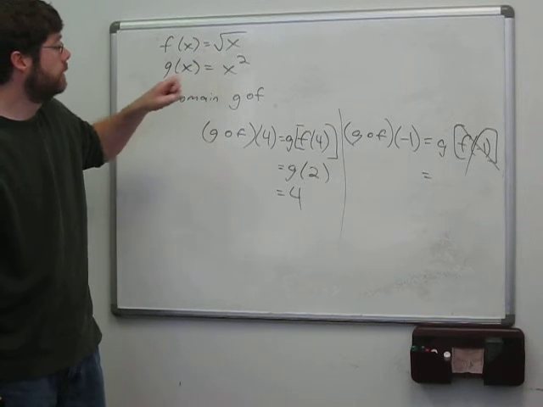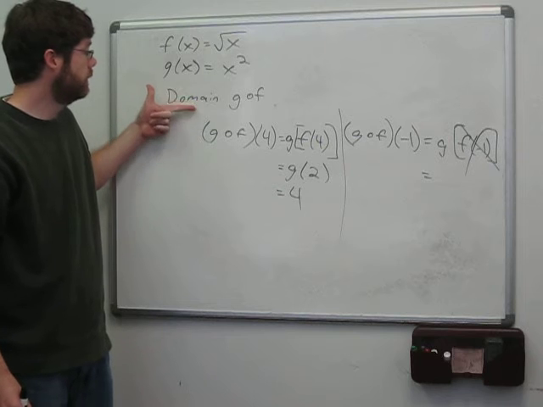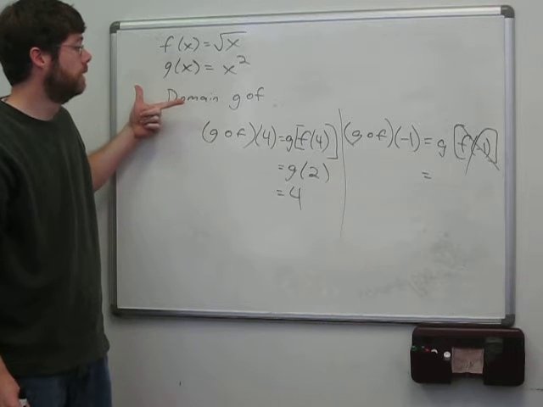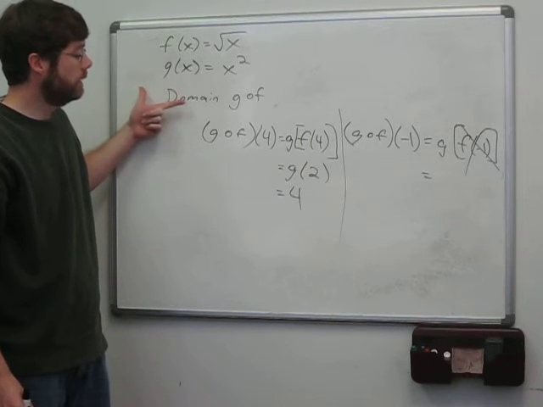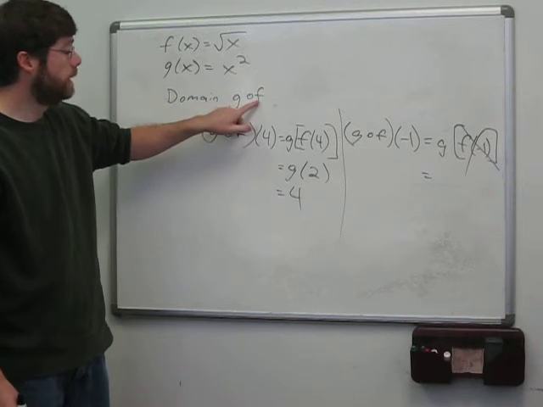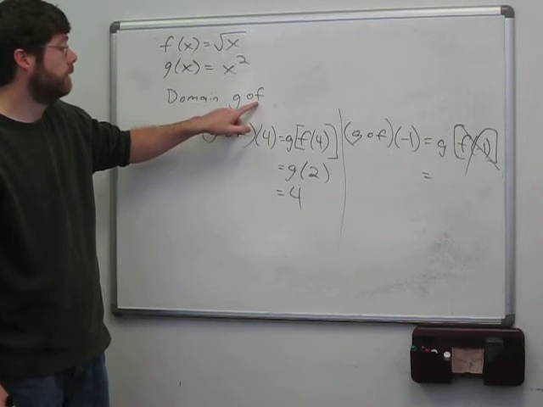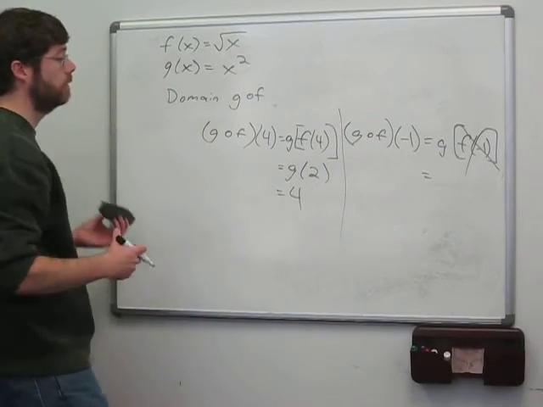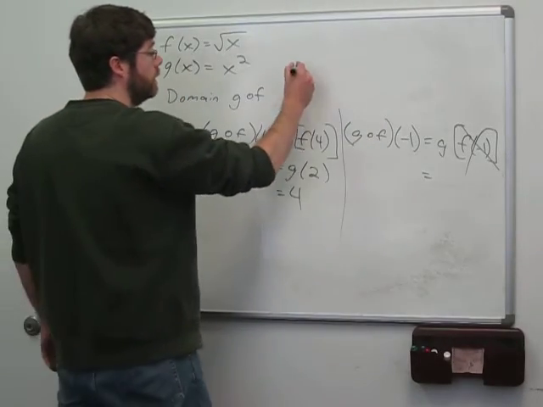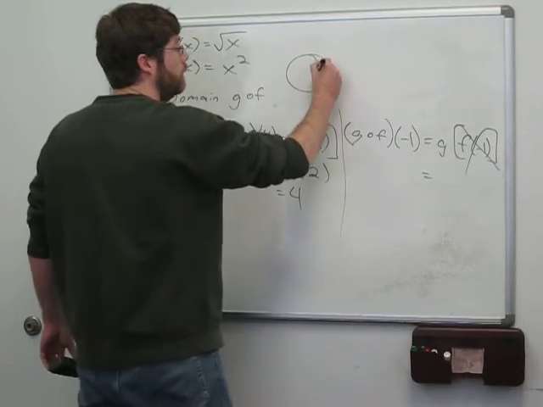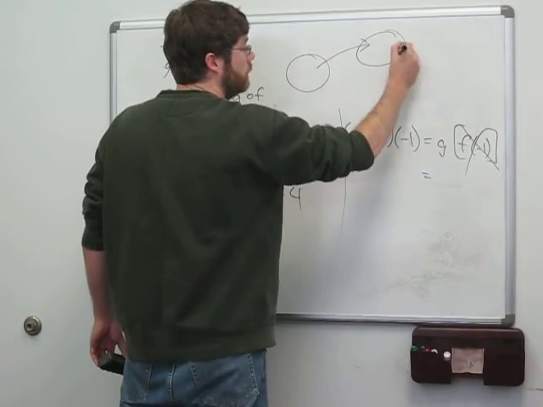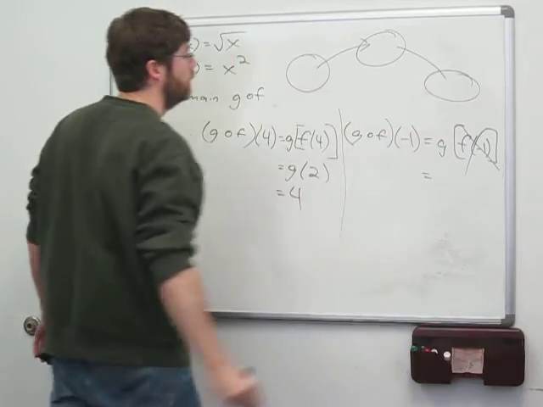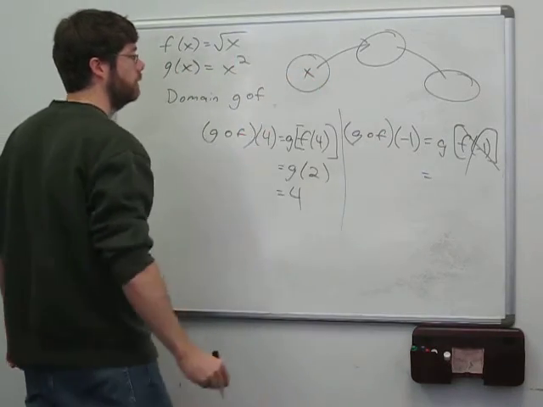Okay? So when we think about domains of compositions, at the very least, the x value must be in the domain of the first function. Right? Consider the typical picture for composition. We have some x value.